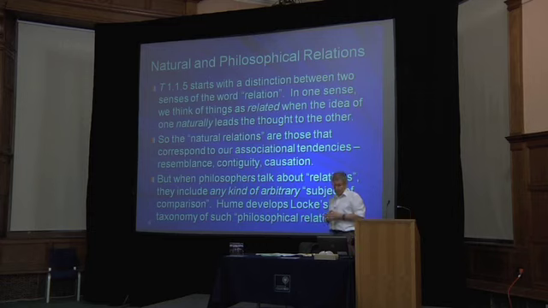natural and philosophical relations. Now, he introduces this as simply a clarification of two different senses in which one can understand the word relation or related. My personal view is that this distinction amounts to absolutely nothing more than that. Some commentators have read a lot into this distinction, but in fact he hardly mentions it after this in the Treatise.